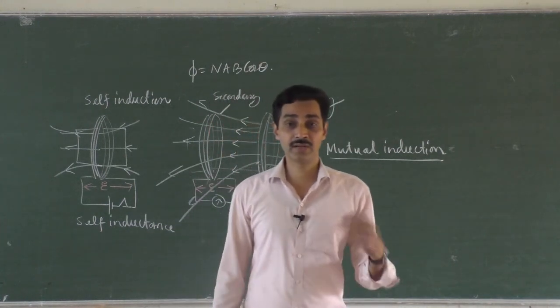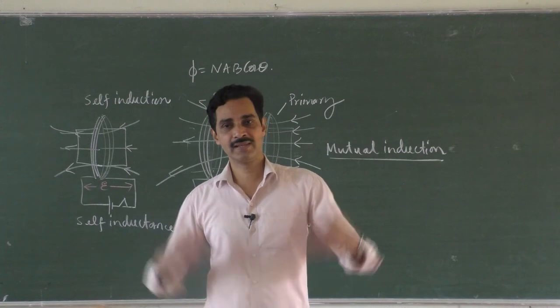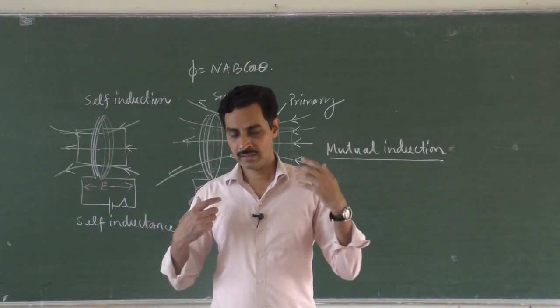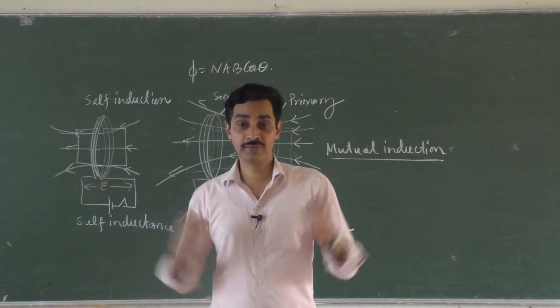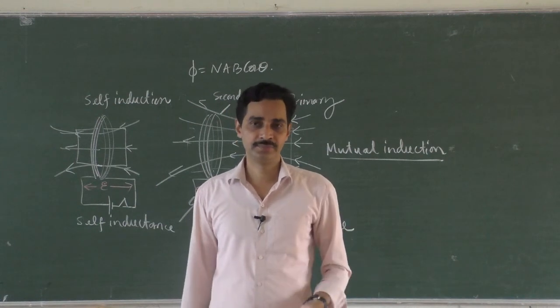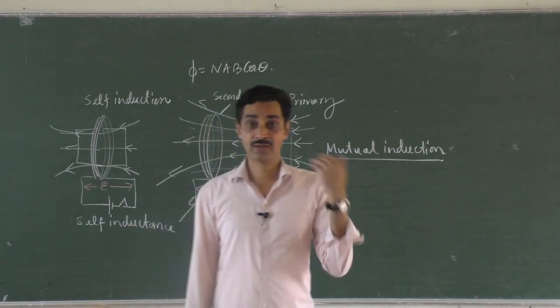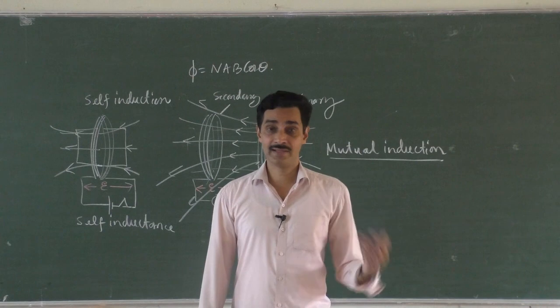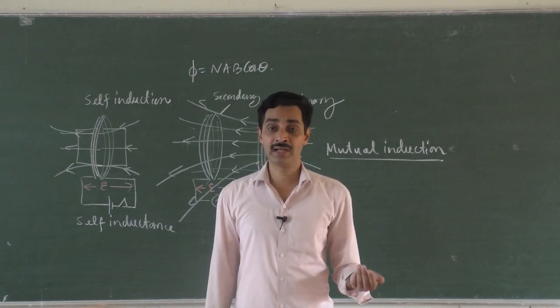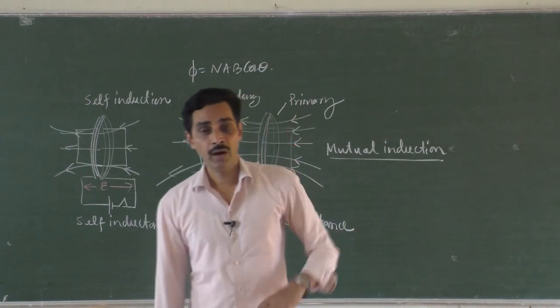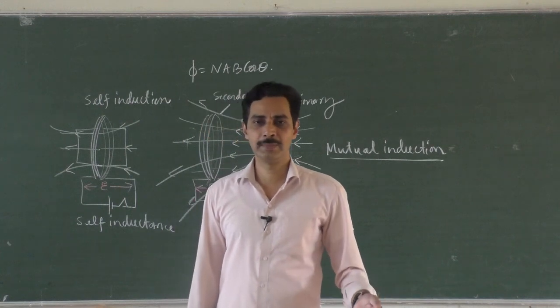For example, when you connect a battery across a rod, iron rod or metal rod, what happens? Electrons will flow, but electrons can't flow easily. They experience an opposing force because they experience collisions, so they lose energy. Because of collision, that is called resistance. What is resistance? It is the property of a material which opposes the flow of current. On what factors does resistance of a material depend?